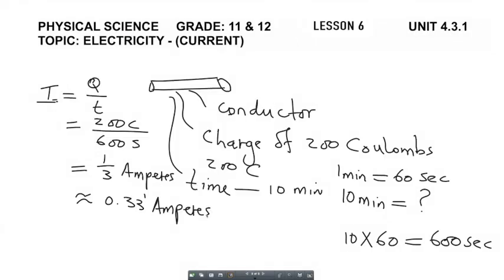So we need to do a conversion to convert the time from minutes to seconds. Because if I have a coulomb over time in seconds, only then can I talk about the amount of current, which is regarded as the amperes. So this is where I went on to give 200 as the amount of charge which is available in that circuit.